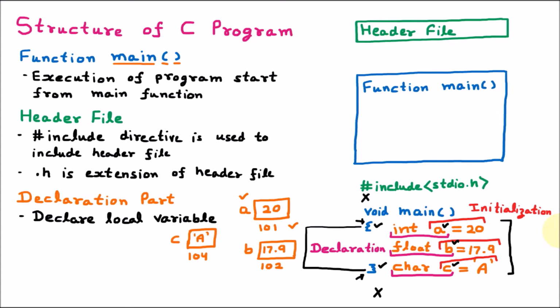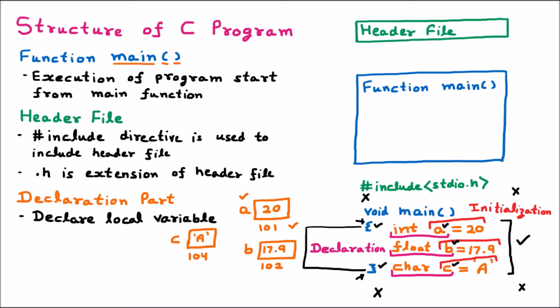Whenever you declare any variable inside a bracket, they can only be accessed inside that bracket. Let us suppose these variables are declared inside main. They will be accessed only inside main, not above or below. They are called local variables because they are part of some kind of boundary.